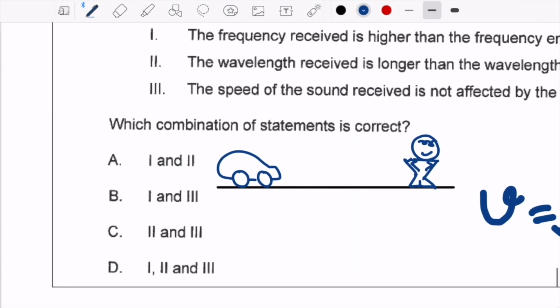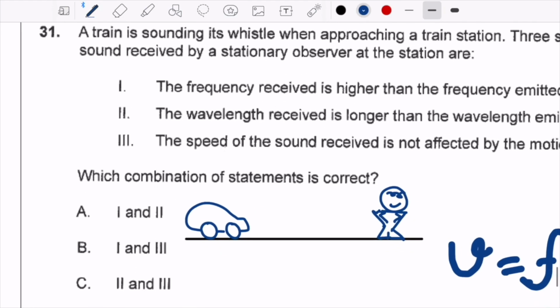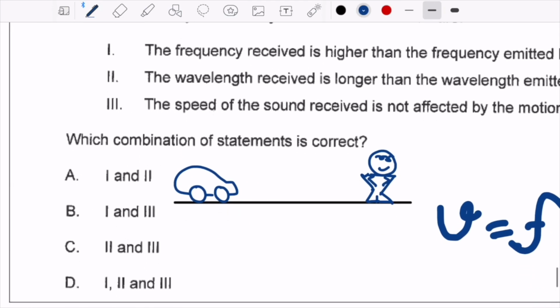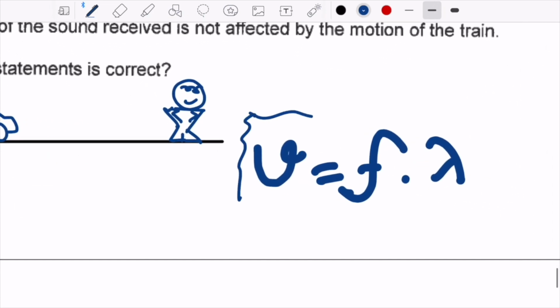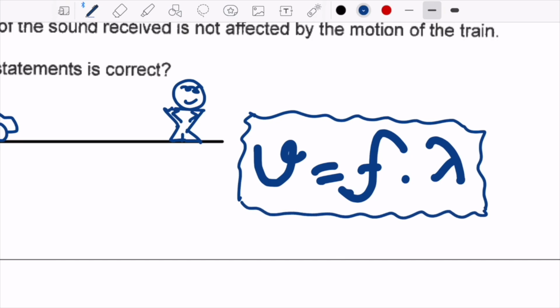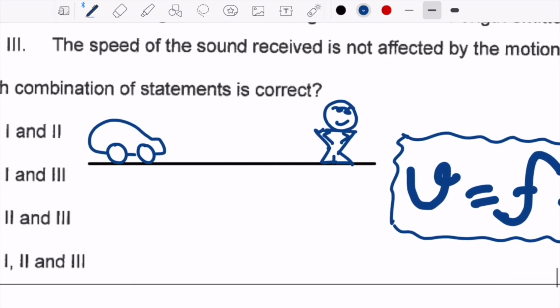Guys, question number 31. It is about the Doppler effect, but actually it is more about v equals f lambda, and whether you understand how these three variables change when a wave source, like a car honking, moves towards a stationary observer. So what do we know about the Doppler effect?